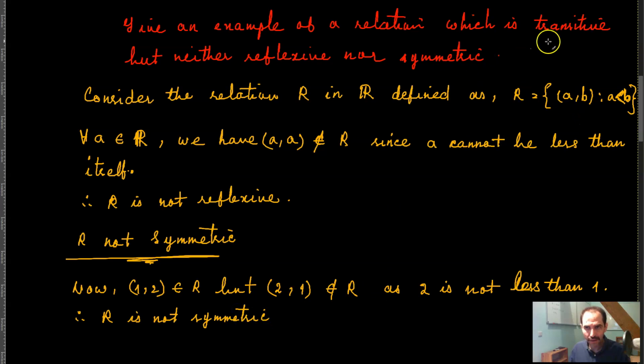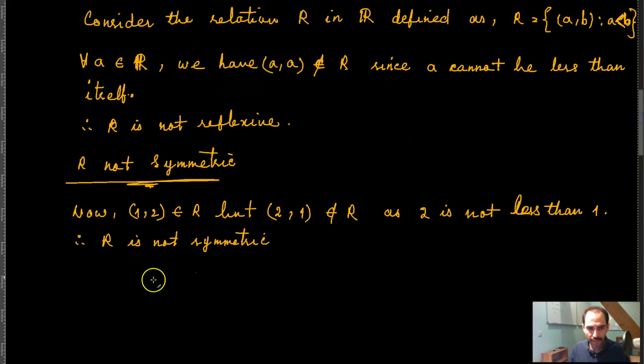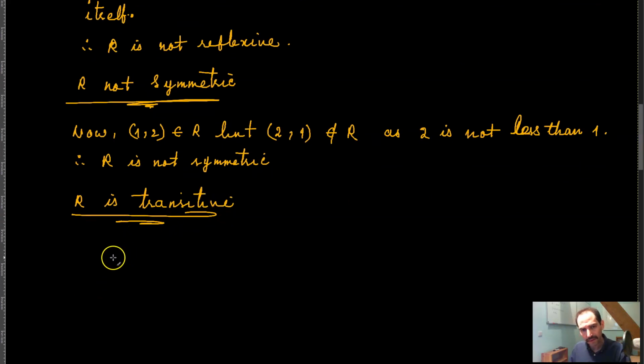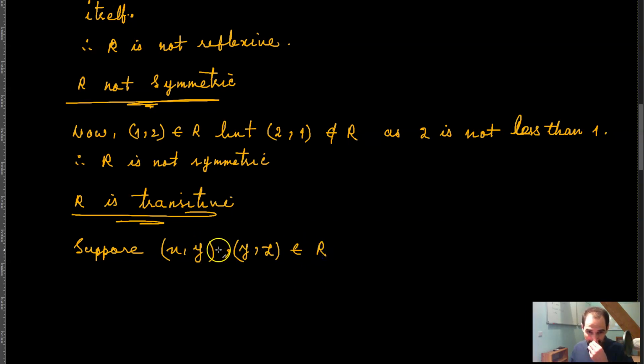Now for the case that R is transitive, the way you can show it is, suppose that (x, y) and (y, z) belong to R. This implies that x is less than y and y is less than z, which implies that x is less than z.